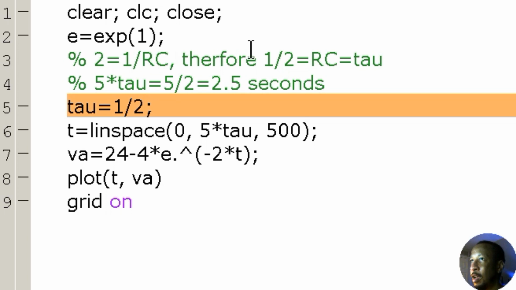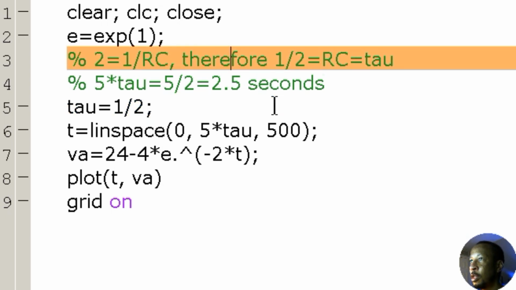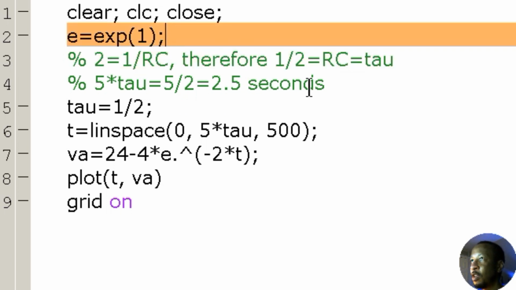Next, I have 2 equals 1 over RC according to our equation here. Therefore, 1 over 2 equals RC, which is equal to tau.